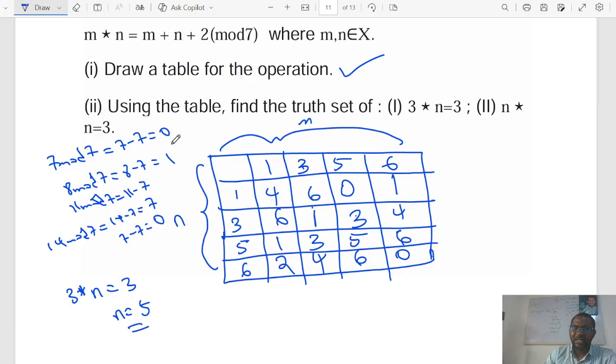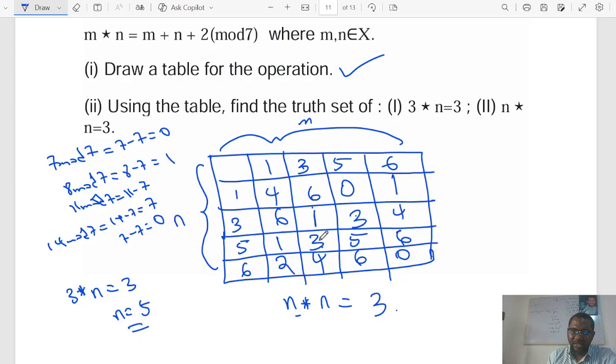The other one says n star n is equal to 3. That means which two equal values give us 3? Let's see. This is 3 and 5, no. This is 5 and 3, no. I'm not seeing any. n star n equal to 3, they must be equal.